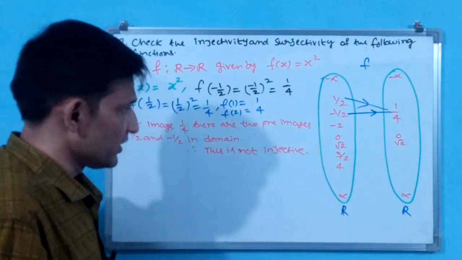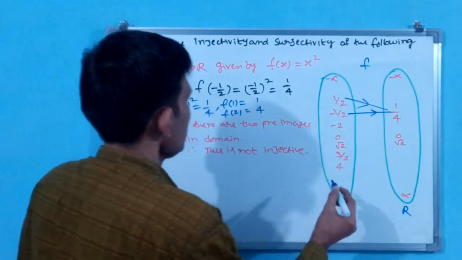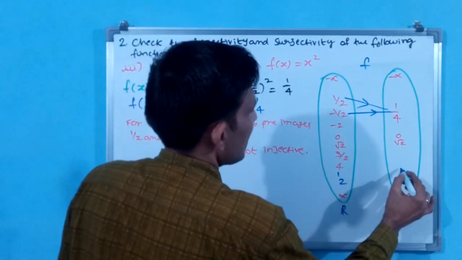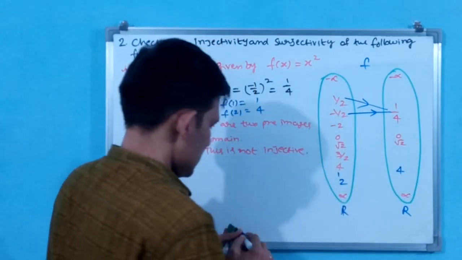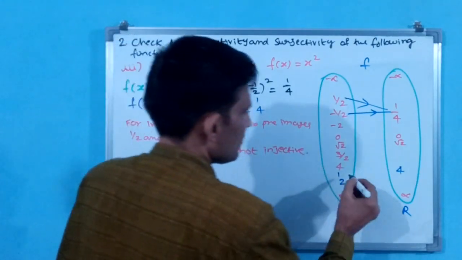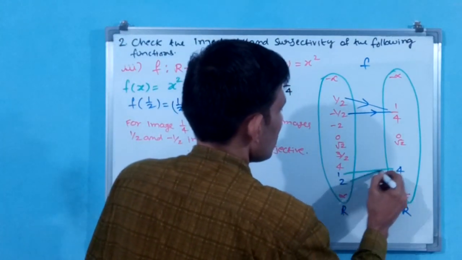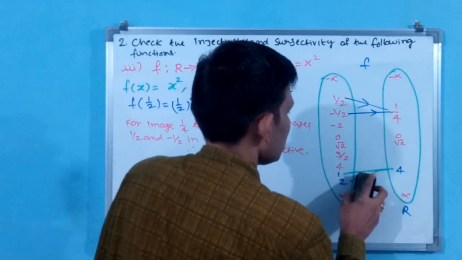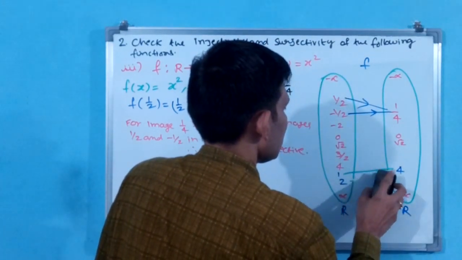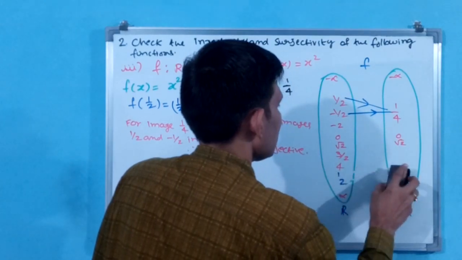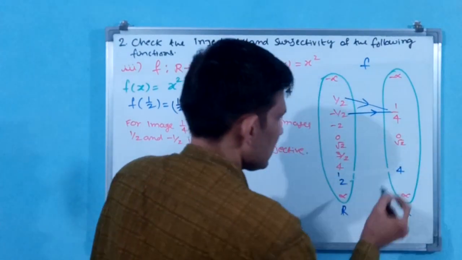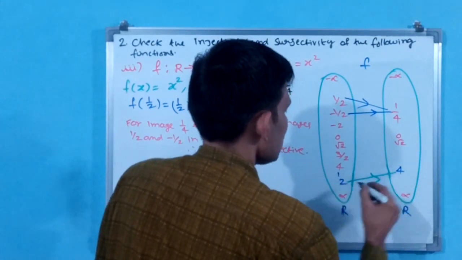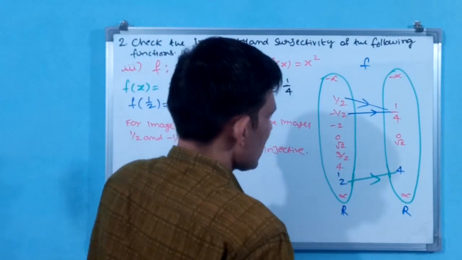Now we draw first these two relations. Say here 1 and 2 are there. Here I am writing 4. Now let us make a relation between these two. Sorry, 1 to 1, 2 to 4. 2 to 4 relation I have made. 1 to 1 also I will make.